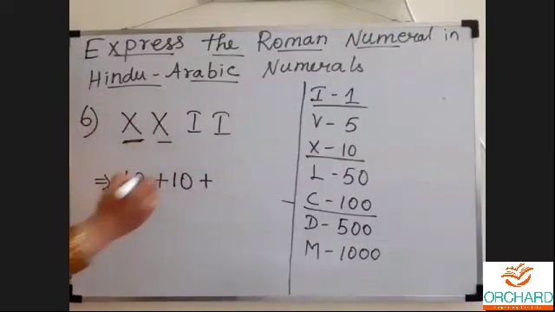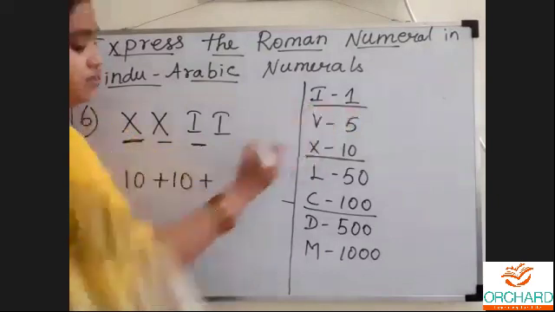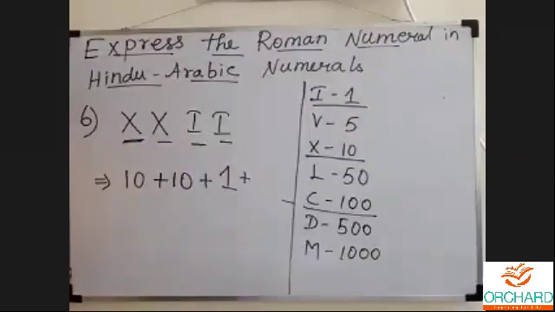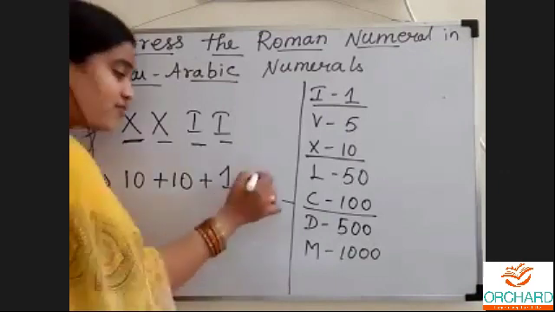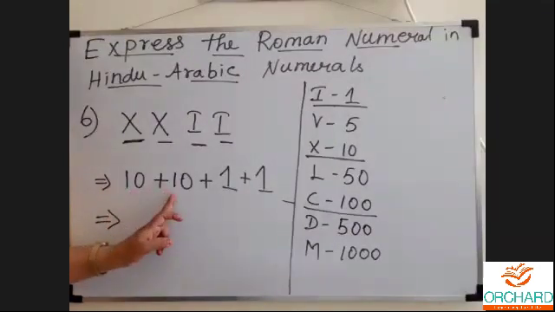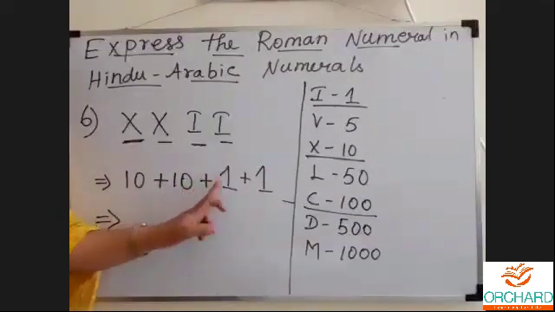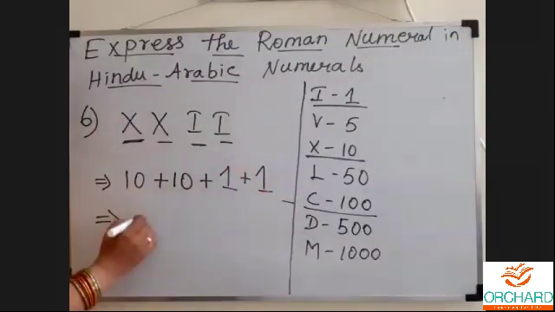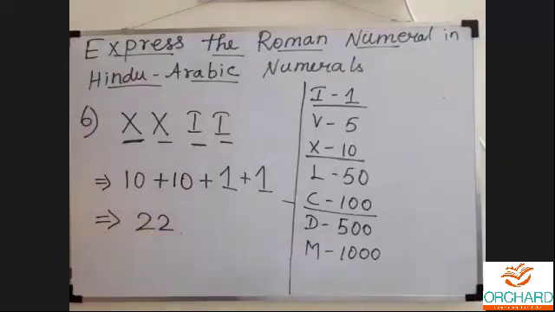Here the value I stands for 1. So write the value 1 plus. Again the letter I is given here, so again we have to write the value 1. Just add all the values. What will we get? 10 plus 10 is 20. 20 plus 1 is 21. 21 plus 1 is 22. Super. So here XXII can be expressed as 22.